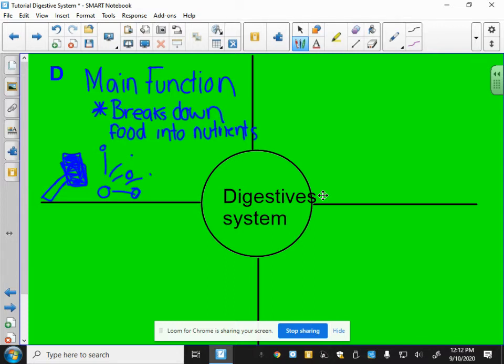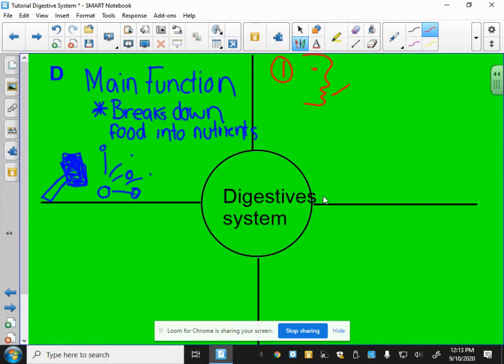Next, we are going to talk about each part. The first part is your mouth. That is part of the digestive system, and you should know what is the function of the mouth.